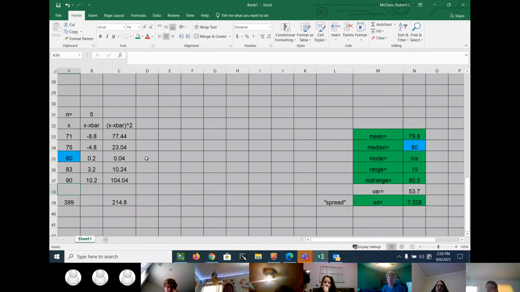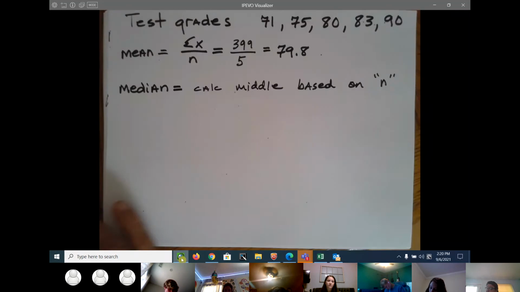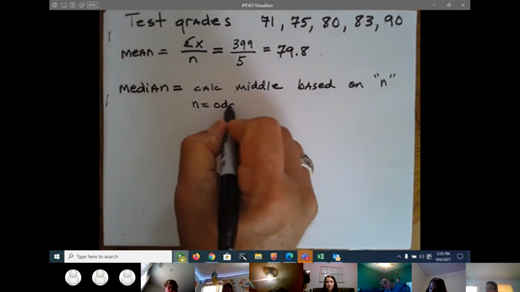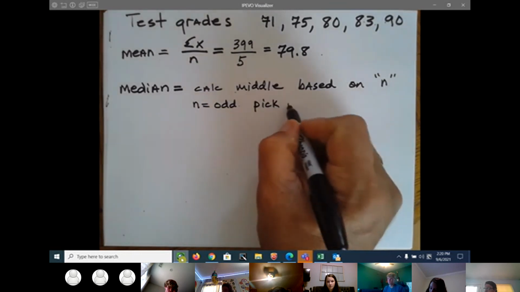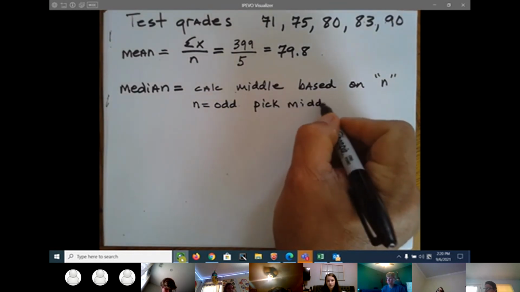Median. What's the first thing you think of when you hear the word median? Well, most people think of the middle of the road. You know, the big cement barrier in the middle of the road, the median. It's the middle. Calculated middle, based on n. If n is odd, you pick the middle number.